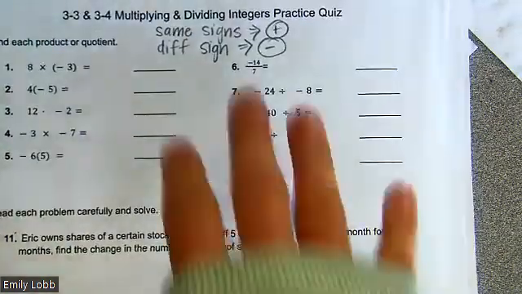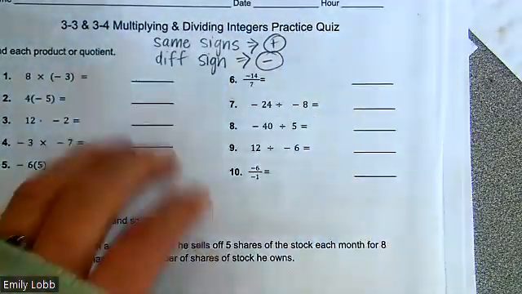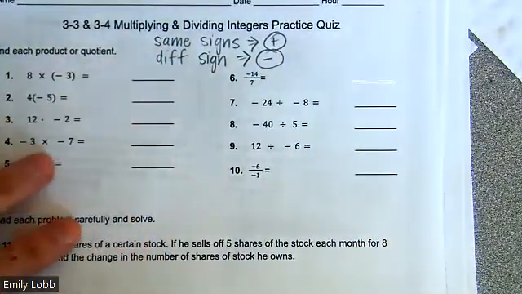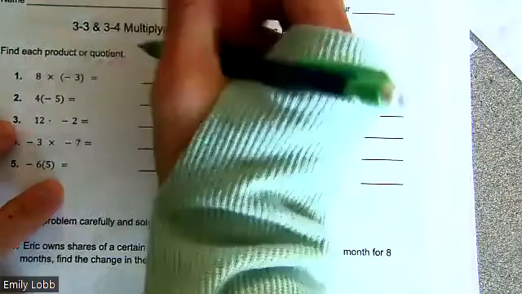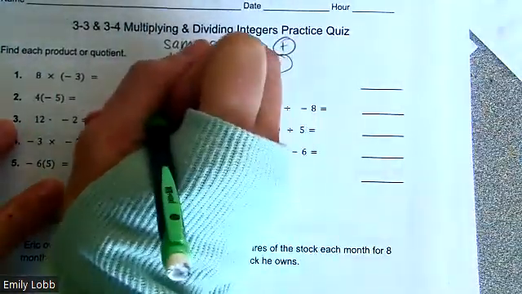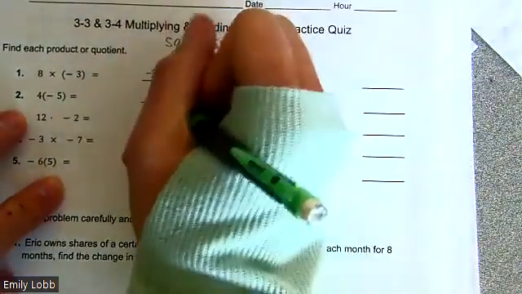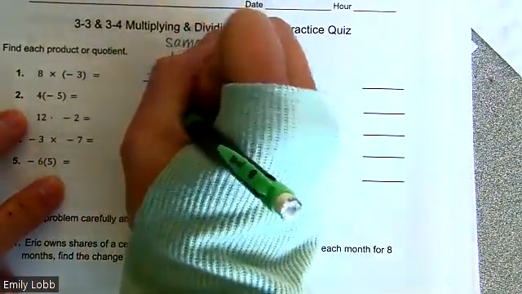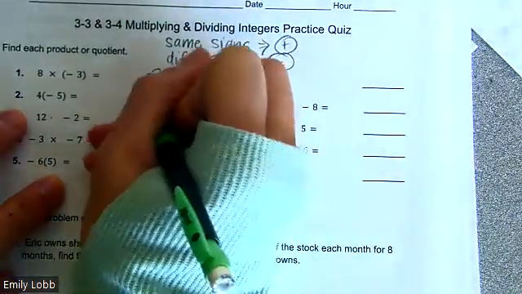All right. Hopefully you've got these notes here, but we also are going to go over them. So what's 8 times 3? 24. Positive or negative? Negative because my signs are different. What's 4 times 5? 4 times 5 is 20, but this one is negative because my signs are different.